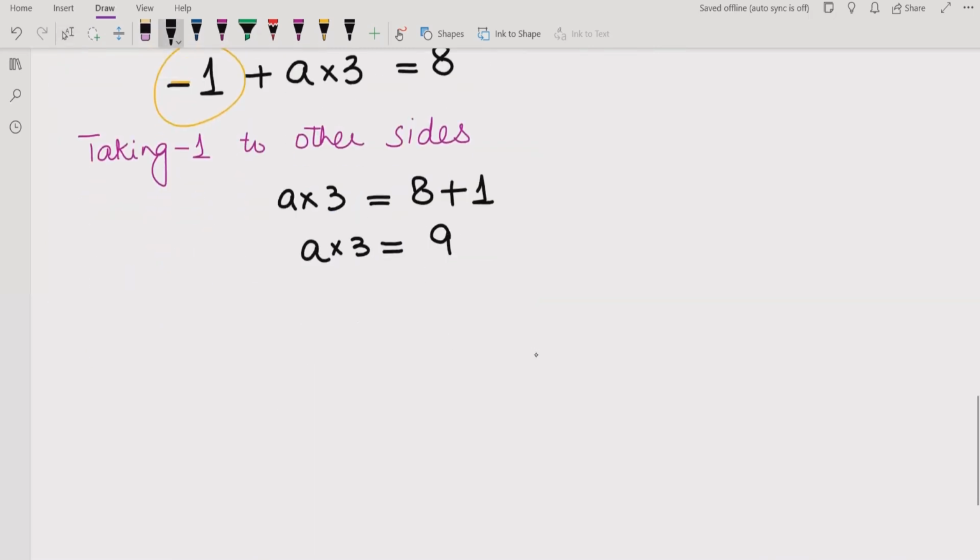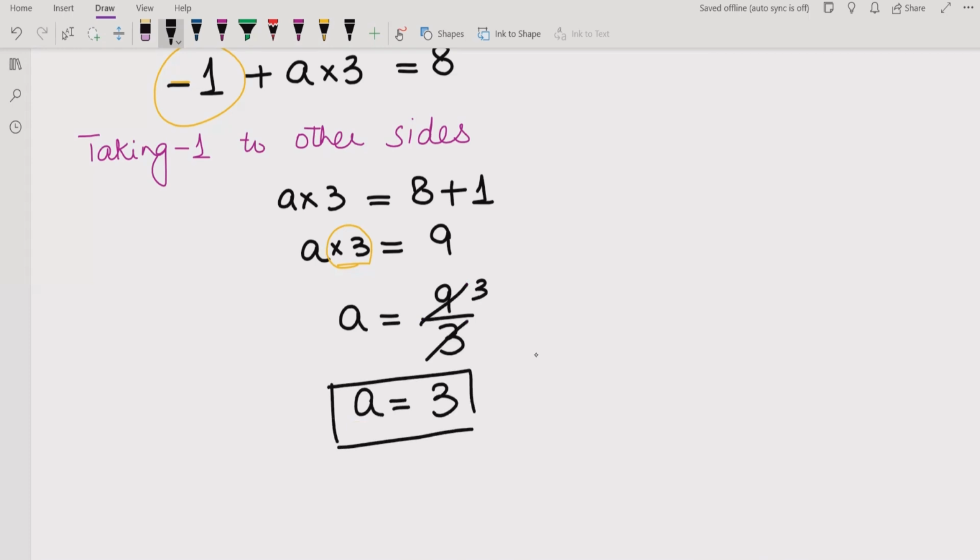Now the number multiplying a will go down to the right hand side. So now we can write a equals 9 upon 3. 3 times 3 is 9. So the answer of this expression and this unknown variable is a equals 3.